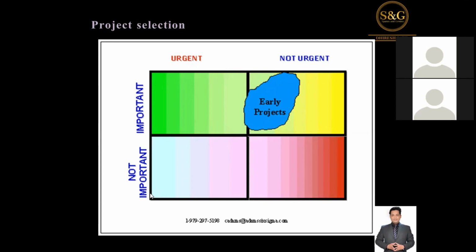If Yatin is a consultant, why would a company pay Yatin 20 lakh rupees or 15 lakh rupees or 30 lakh rupees to solve a non-important project? They will never do that. Even their internal resources they will not utilize, because any organization would always have important and urgent and non-urgent projects. So non-important comes into last priority.